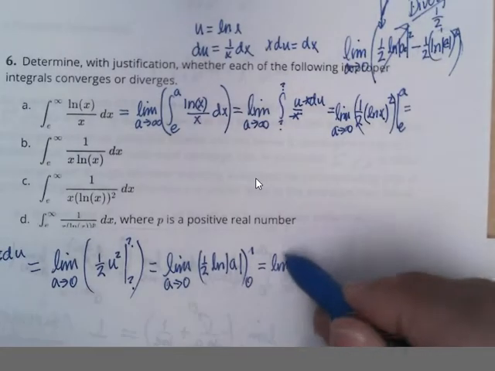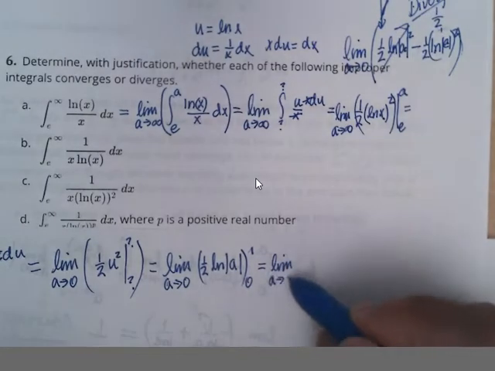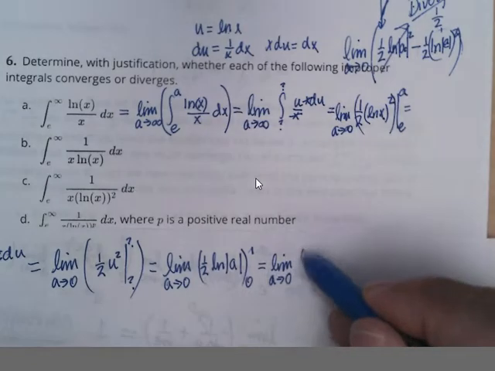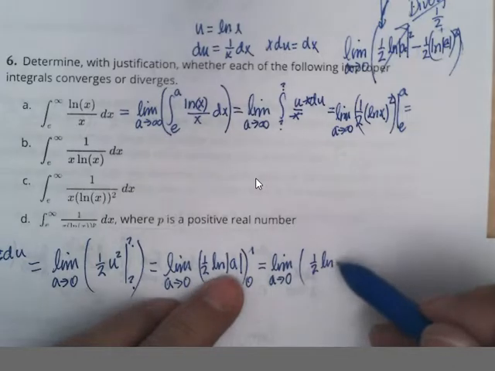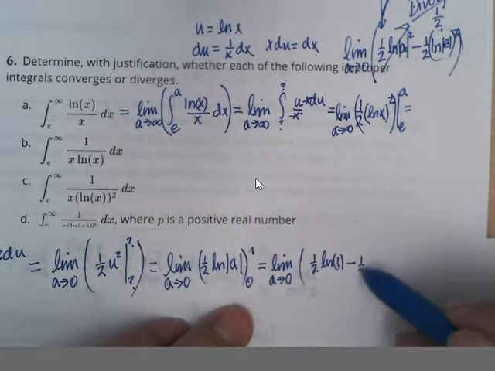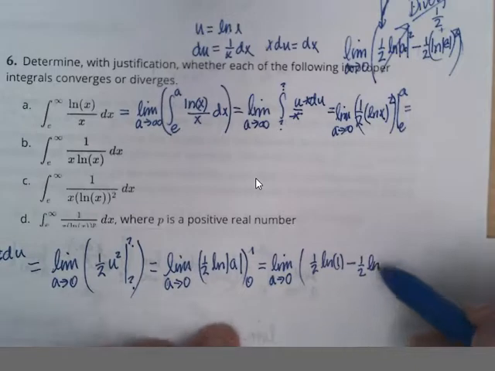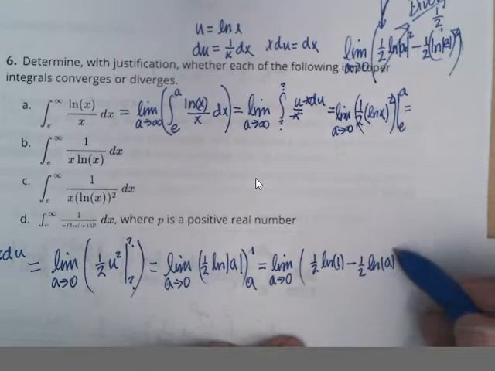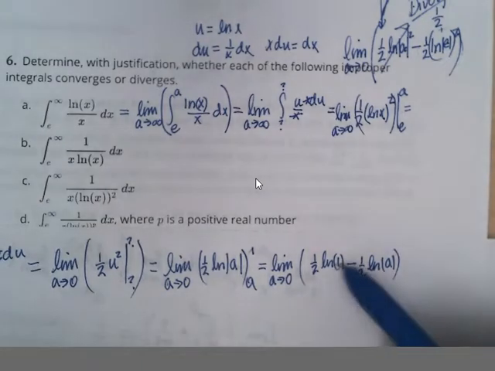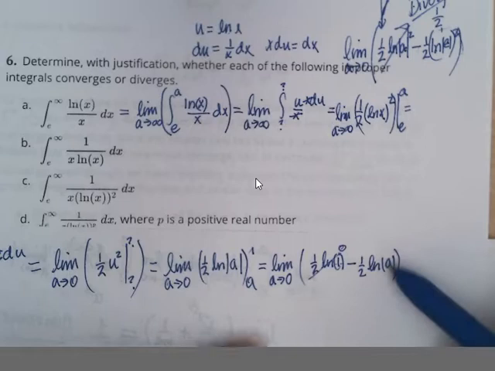The limit, still not doing the limit, of 1/2 ln 1 minus 1/2 ln of, oh, this is a, 1/2 ln a. ln of 1 is 0, so this is 0.